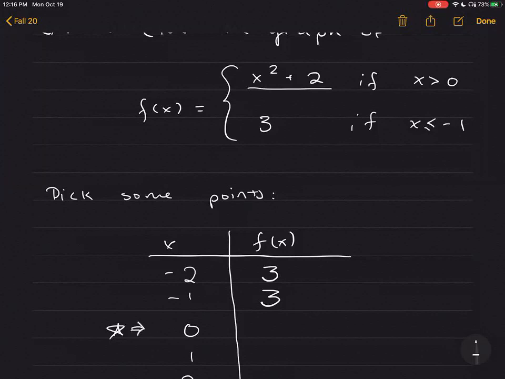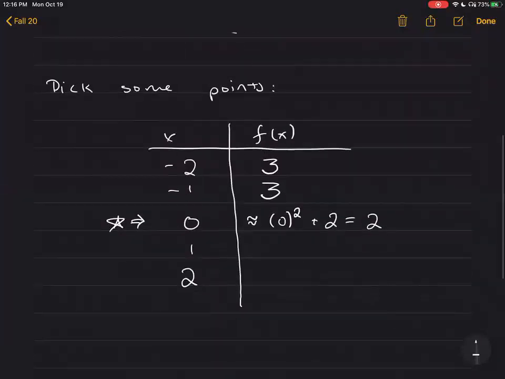You can't always pick the endpoint of a piecewise function like this if it's not defined at the point, but in this case, we can kind of sneak it in. This is like plugging 0 into the quadratic, and so we get 2. We'll see how we deal with this when we go to graph it.